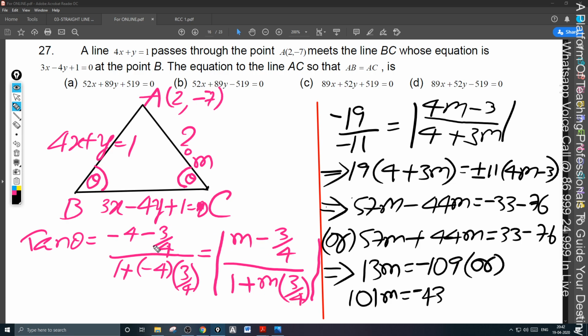LHS, you are saying, Ravi sir? I think it is minus 16 minus 9, minus 19 by 1 plus m1 into m2.